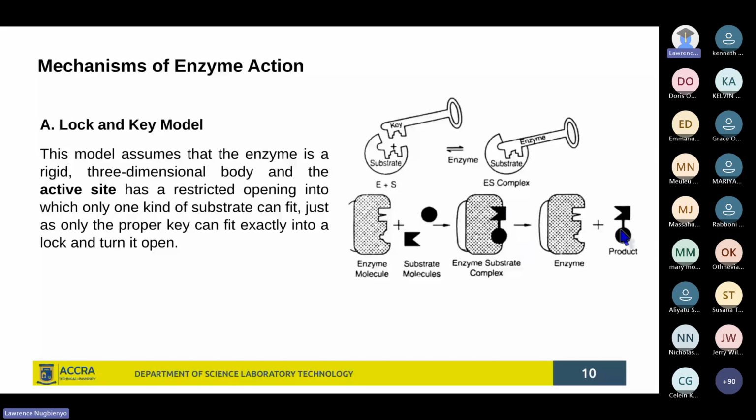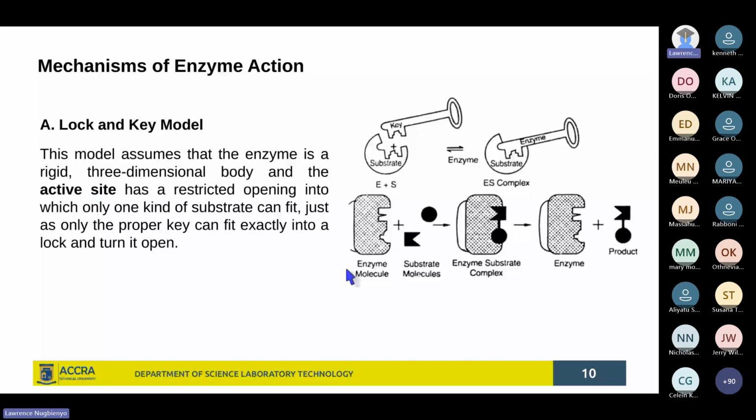So that's the first model that was used for the studies of enzymes, referring to a particular portion of enzymes, which we refer to as the active site. We talked about the active site when we were looking at the terminologies in our first lecture on enzymes.